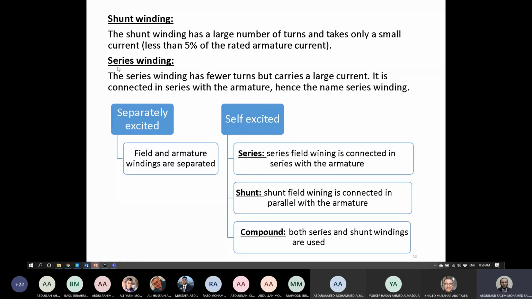Okay, so the series winding has fewer turns but carries large current because it's in series with the armature. Yeah, this is now like a chart for the different connections. We have separately excited where the field and the armature windings are separated. We have self-excited like series, like shunt, like compound. Compound means either long shunt or short shunt.